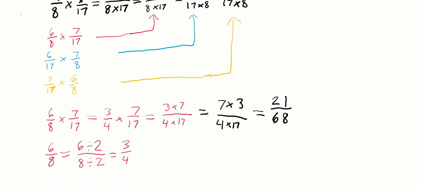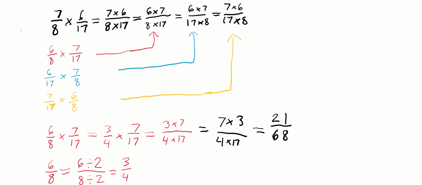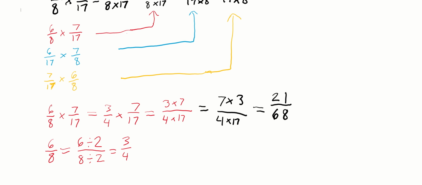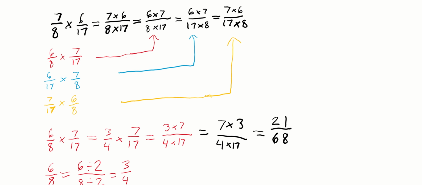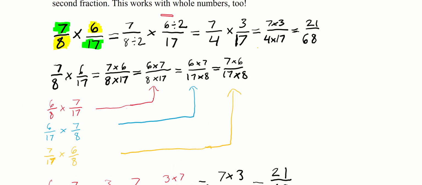One last thing to mention is that in a question like 7 over 8 times 6 over 17, you likely won't see the divisions that are done up here.